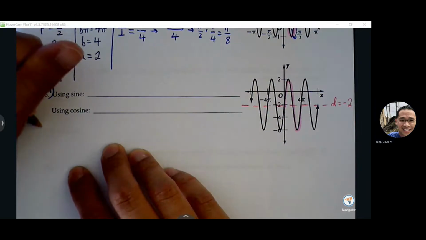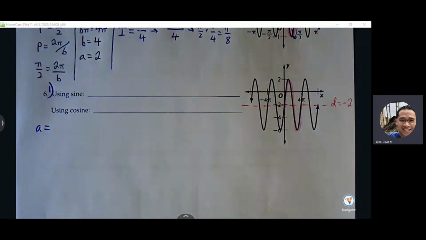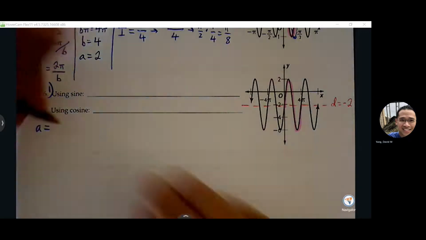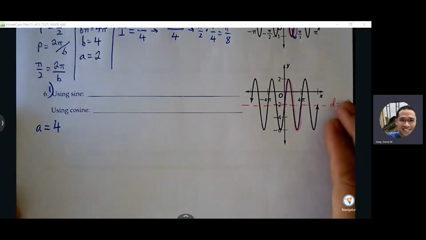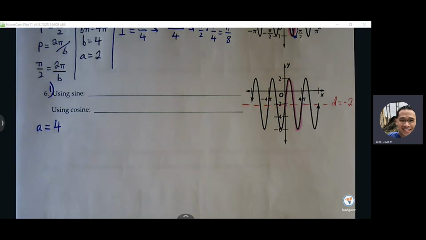Okay. What's the A value for the sine graph that I see in front of me? Four, that's the distance from my center to my peak. Okay, A is 4. In order to find the B value, I need to figure out what the period is.